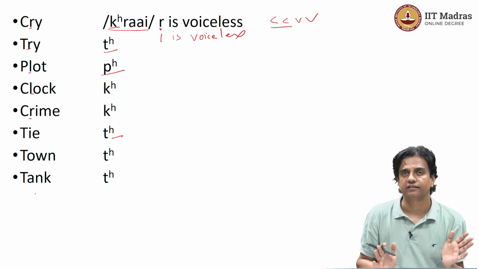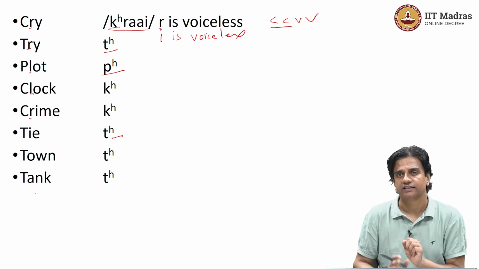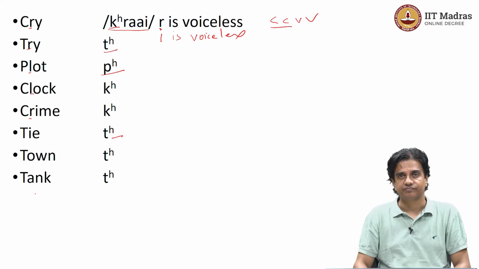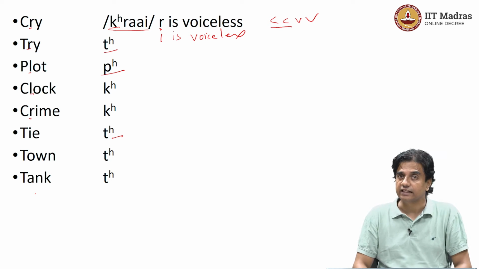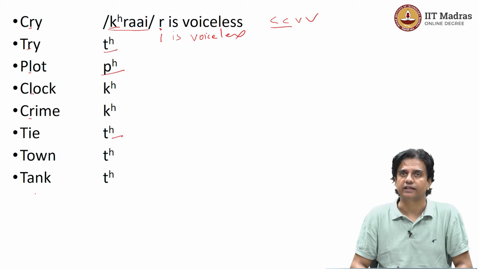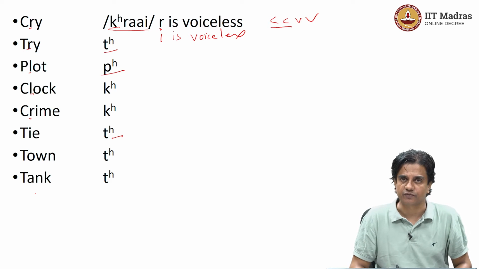You will have a series of 30 words, and then see if those words are monosyllabic words. If they are not, then find monosyllabic words, and for the purpose of practice, make them sound like aspirated sounds.